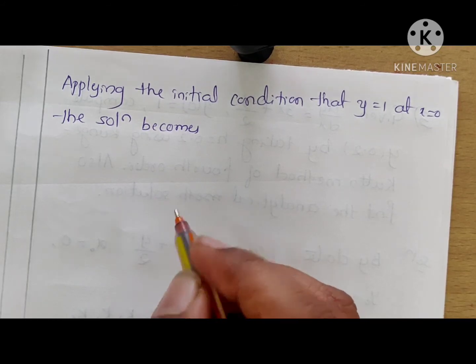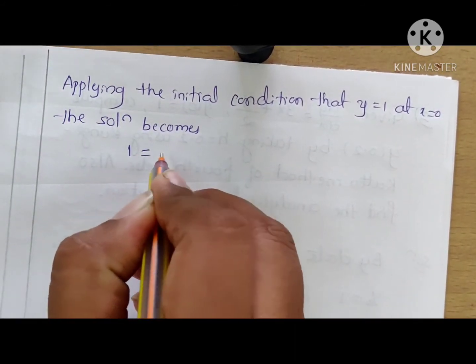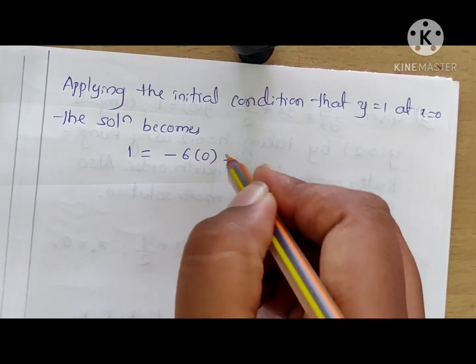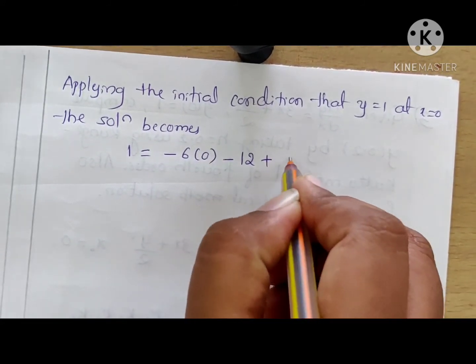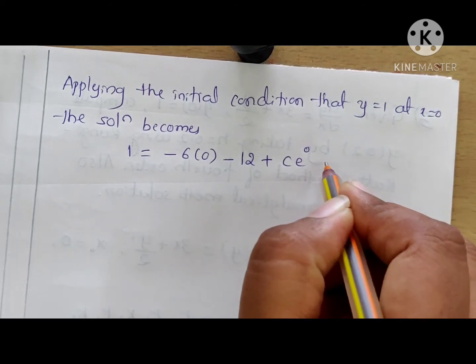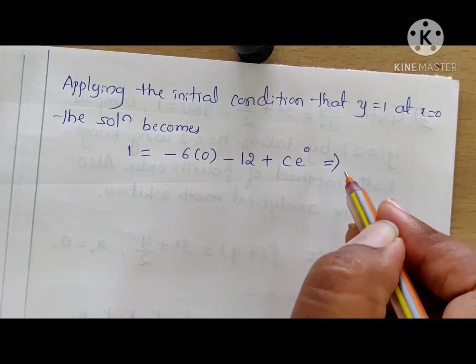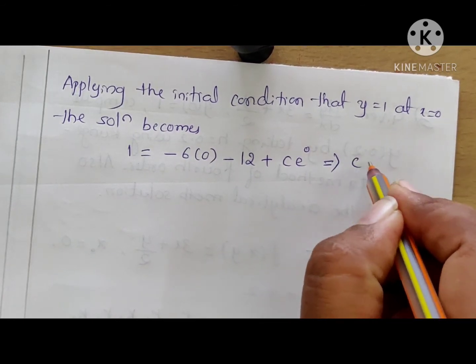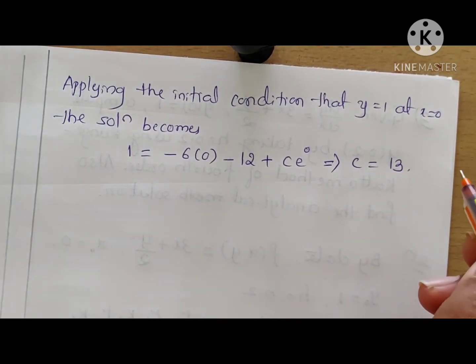So y will be 1, minus 6x will be 0, wherever x is there substitute 0, minus 12 plus c into e raised to 0. What does it give us? It gives us the value of c. Then c will be 13.